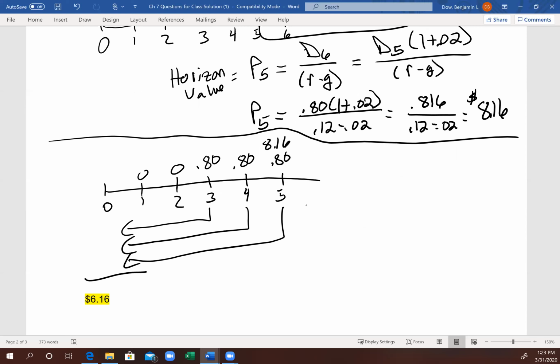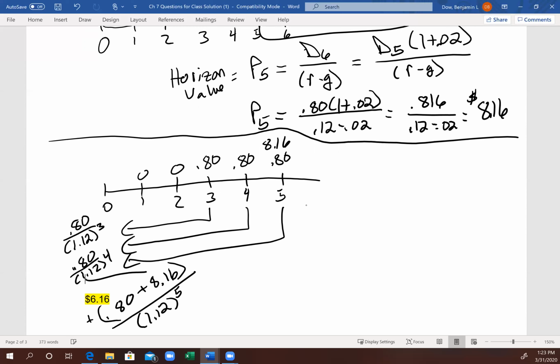So the 80 cents coming 3 years from now, the 80 cents coming 4 years from now, plus the 80 cents and the $8.16 coming 5 years from now. Okay.